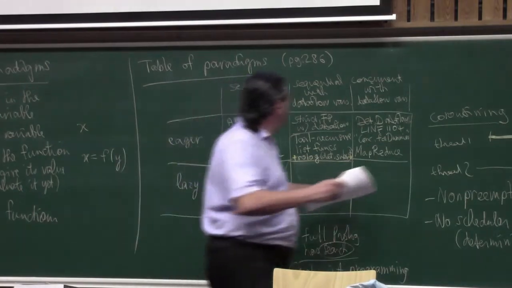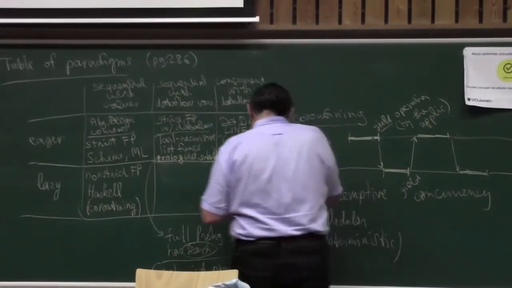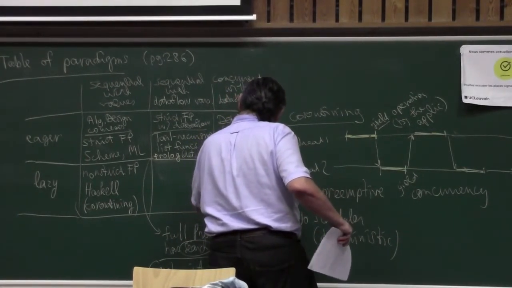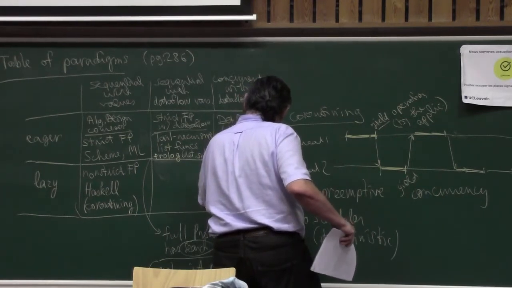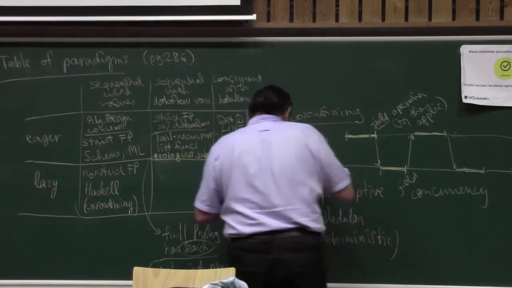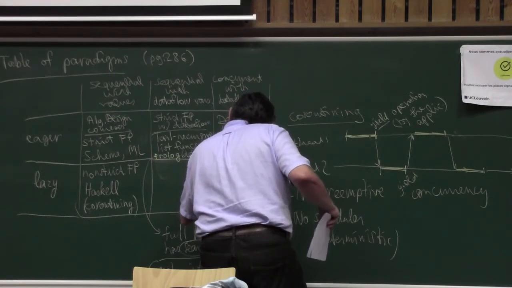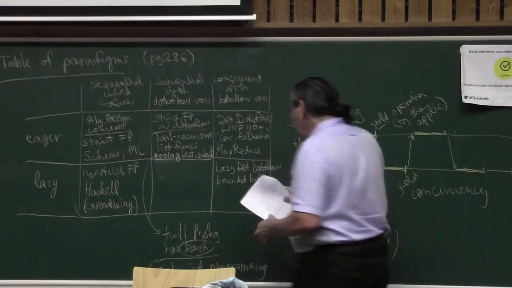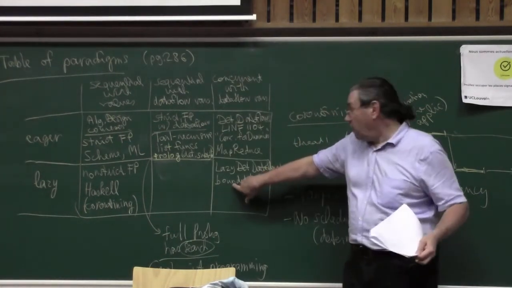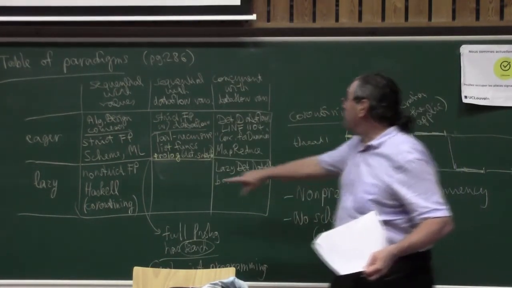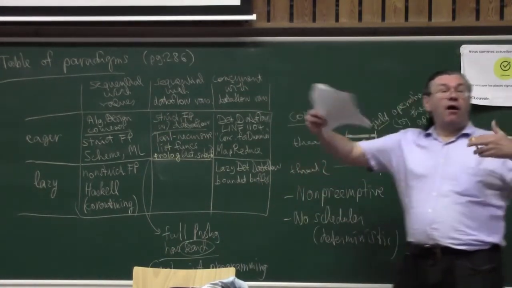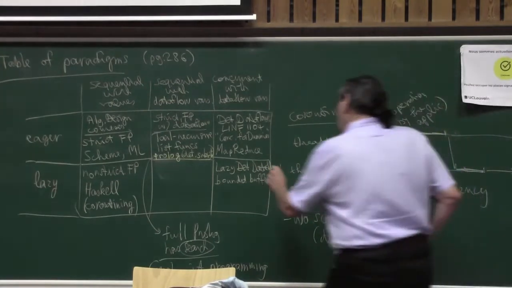Let me now show another one, the concurrent lazy model. This is the model which we've called lazy deterministic data flow. In this model, you can write a bounded buffer. A bounded buffer, which we saw 2 weeks ago, is actually combining lazy and concurrency, because the producer and the consumer are not synchronized, really.